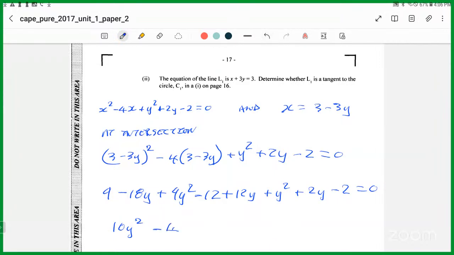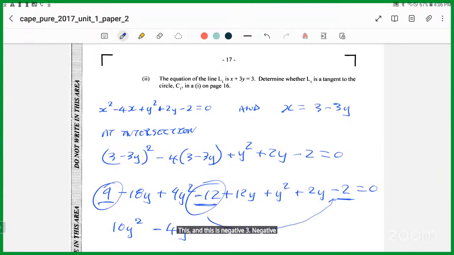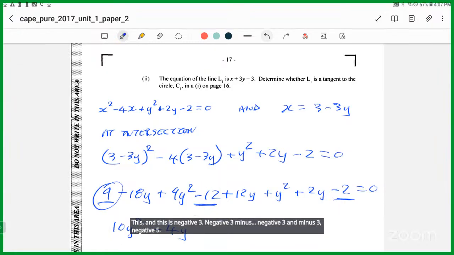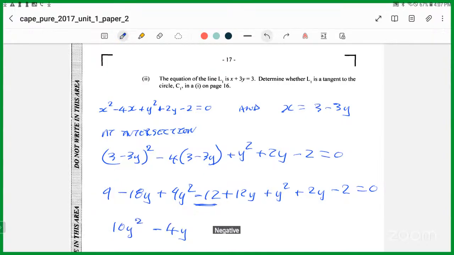The numbers now: this and that are the only ones. So this and this is negative 3, and negative 3 and minus 2 is negative 5. That's minus 5 equals 0.